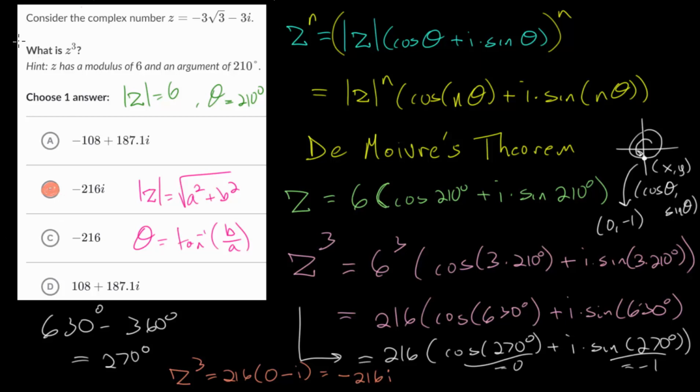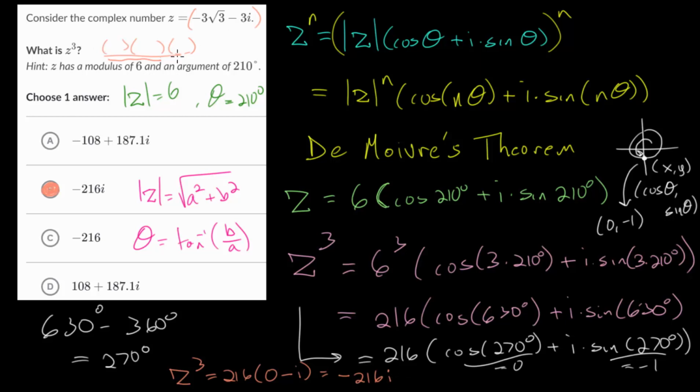Now, of course, a way to check this is to take our complex number in its rectangular form and actually multiply that out 3 times. We would have 3 sets of binomials. You pair 2 of them together and multiply those out, and then you take that new expression and multiply it by this last binomial, which again is just z, and you can verify that it does equal minus 216 times i.